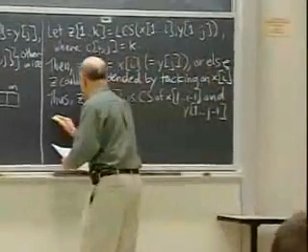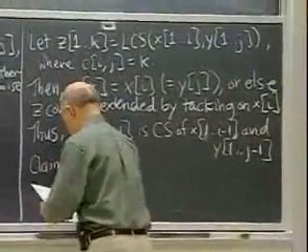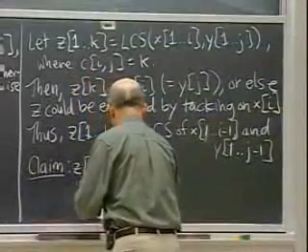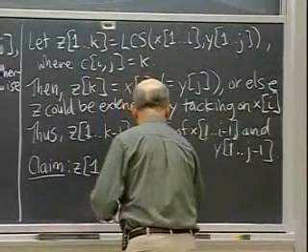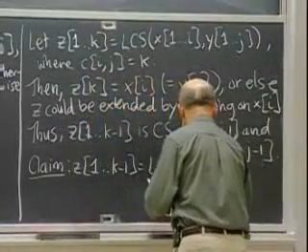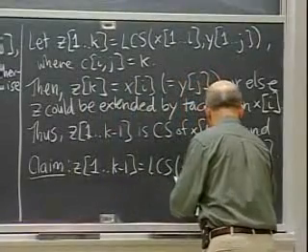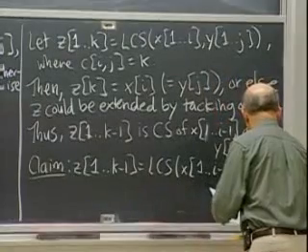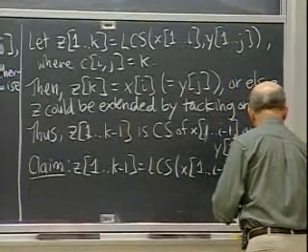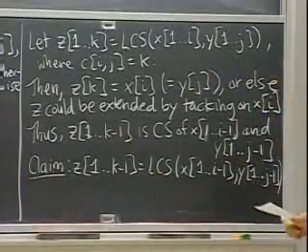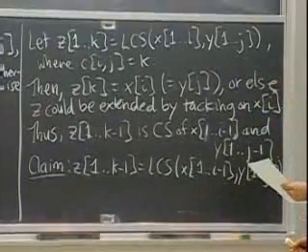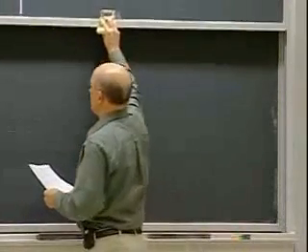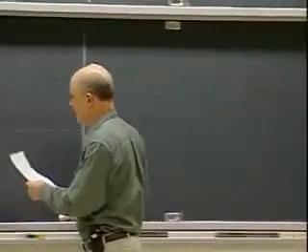So that's what we claim: z of 1 up to k minus 1 is in fact a longest common subsequence of x of 1 to i minus 1 and y of 1 to j minus 1. So let's prove that claim. We'll just have a little diversion to prove the claim.